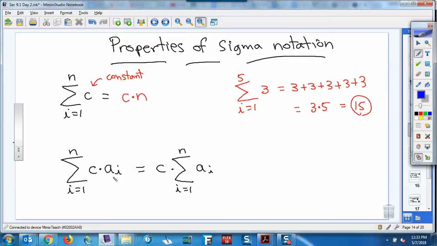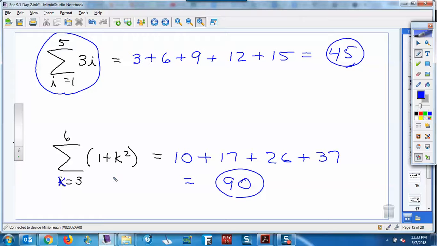Like, for example, on the example we had a couple of pages back, where we had a 3i here, we could have pulled this 3 out in front and written that as 3 sigma, i equals 1 to 5, and then this would have been 3 times, and then i is a 1 plus a 2 plus a 3 plus a 4 plus a 5, right?